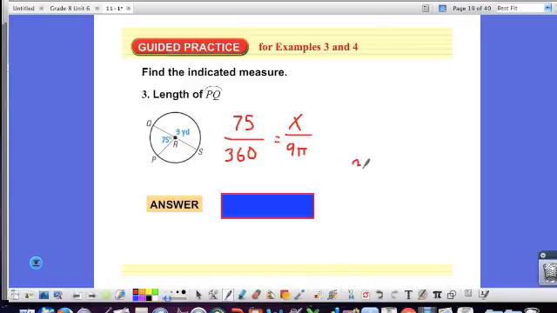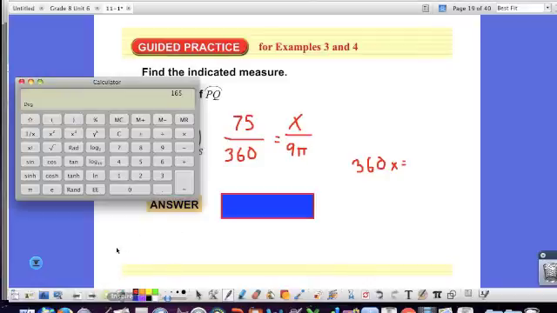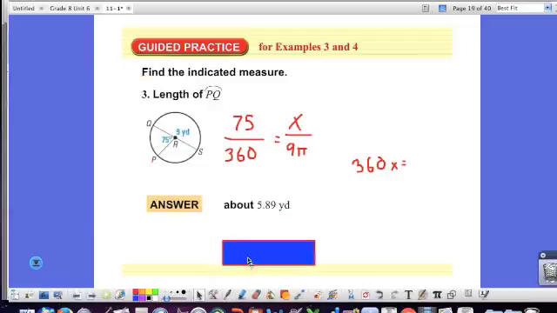So we're going to have 360x equals 9 times pi times 75. It's going to equal that number, and then we're going to divide by 360, and that's going to equal about 5.89.